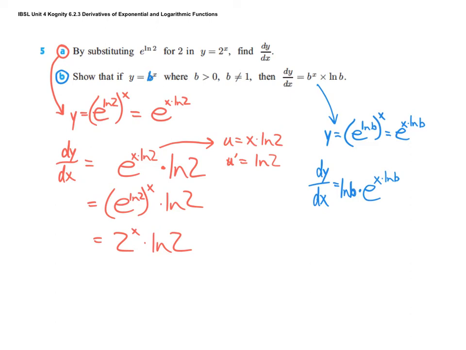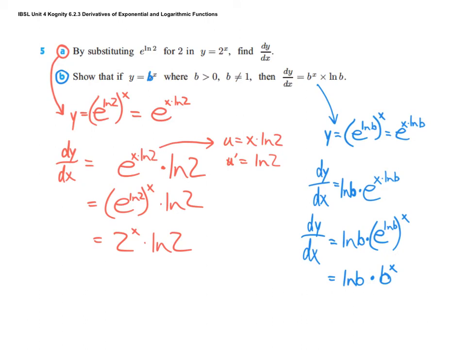Then e to the x times ln of b was, remember, e to the ln of b, to the x power. So that's ln of b times b to the x.